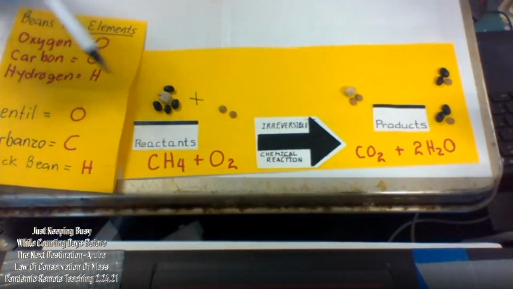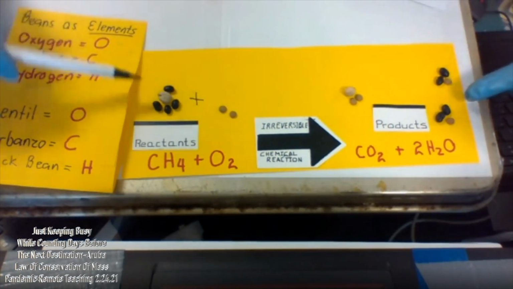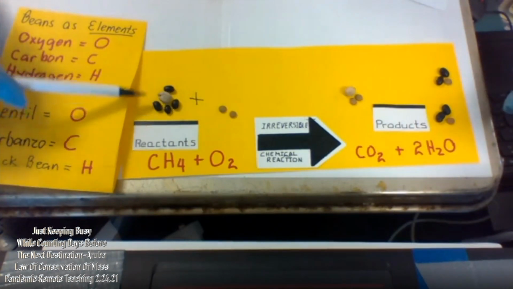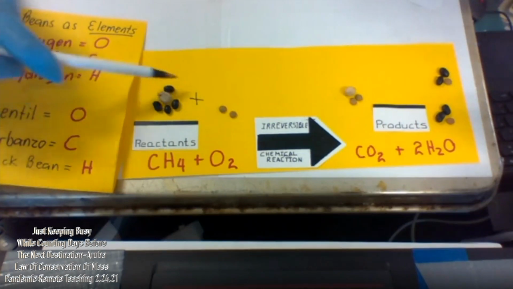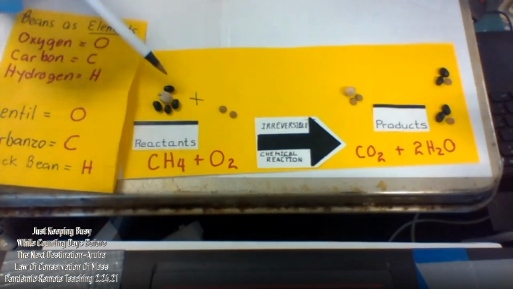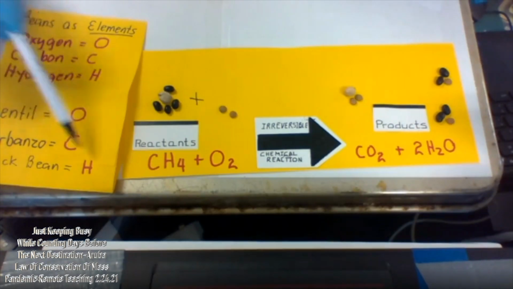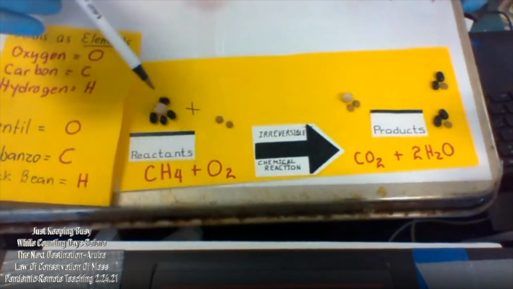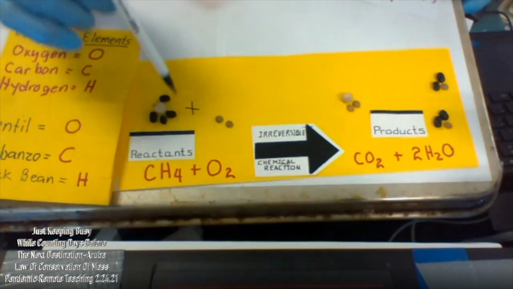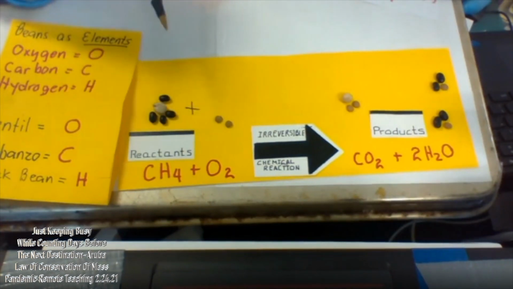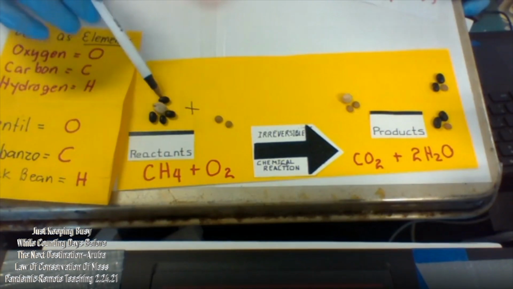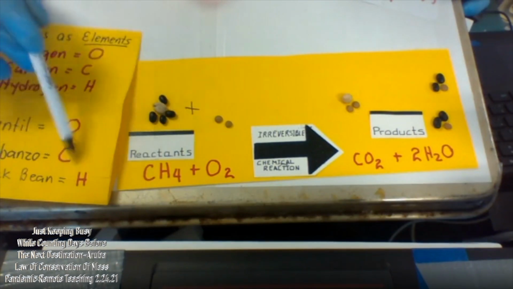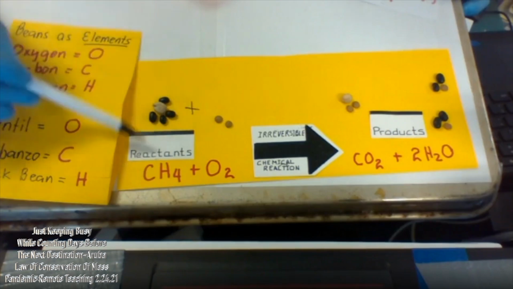Look at the black beans here. How many black beans do we have in the reactant? Type in the chat. And these black beans represent the hydrogen. How many hydrogen do we have? 4, right? There are 4 hydrogen in the reactant.